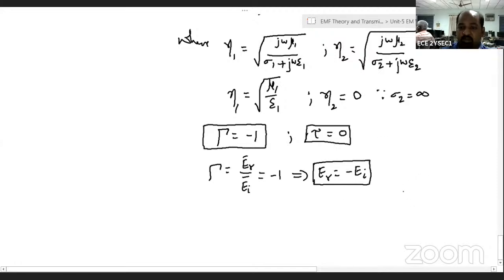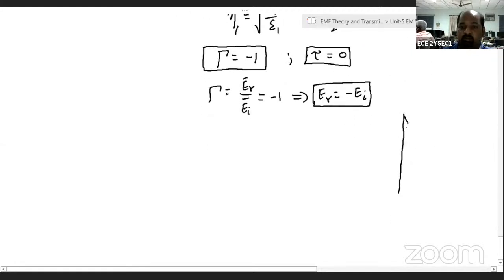So for example, let us say this is the boundary which we have. Region 1 is a perfect dielectric, and region 2 is a conductor, where eta 2 is equal to 0 and eta 1 is not equal to 0.